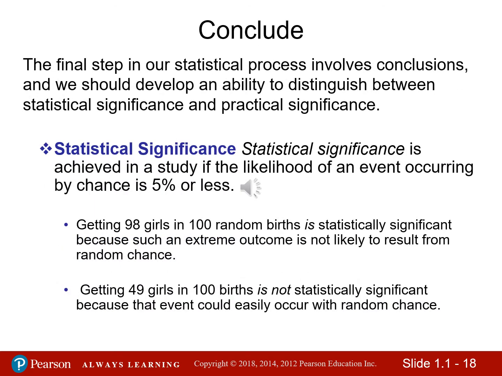The last step of our statistical analysis process is to draw a conclusion. It is important to understand the difference between statistical significance and practical significance. Statistical significance helps us to quantify whether our results are most likely due to chance or due to some other factor of interest.